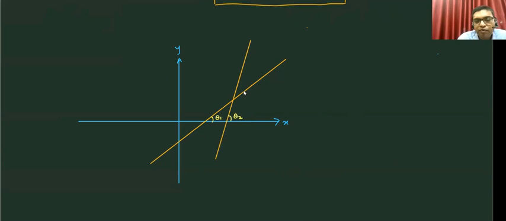The angle between the lines is always taken in the anti-clockwise direction, theta. You observe, theta is theta 2 minus theta 1.